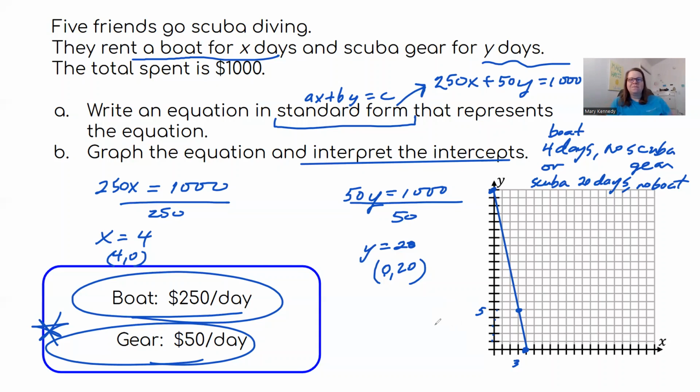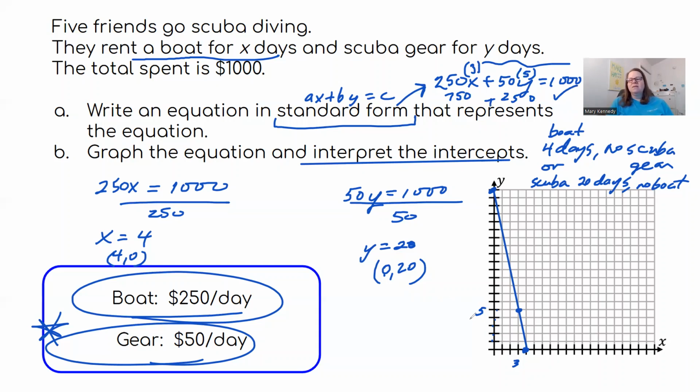So we can see if that works. Think about 3 days times x, so 250 times 3. That's $750. And 5 days times y, or times 50, that's 250. Yeah, that adds up to 1,000.